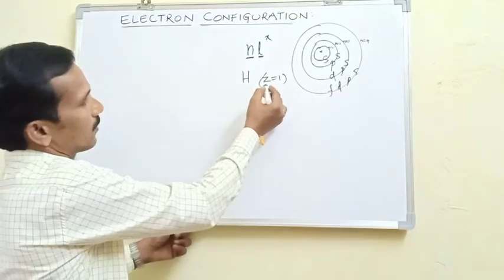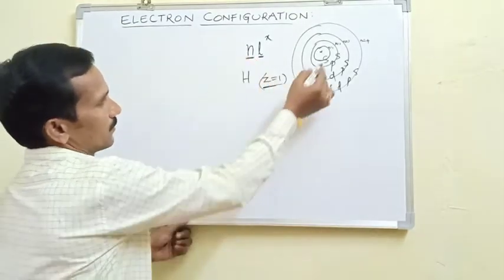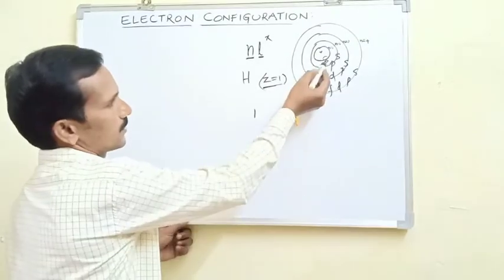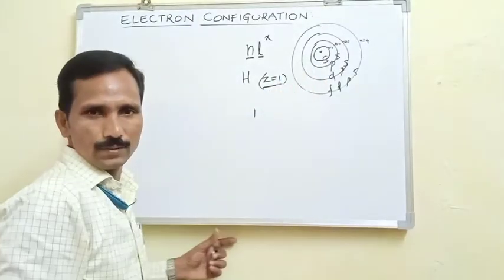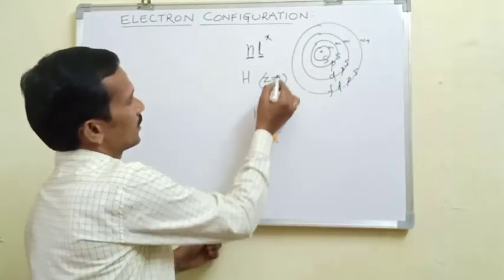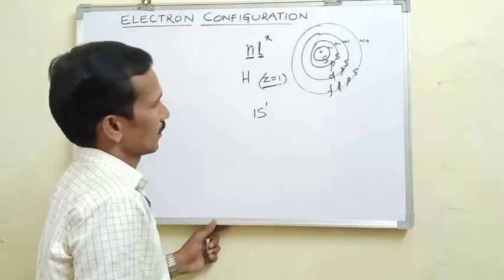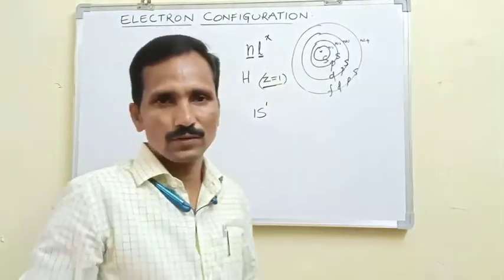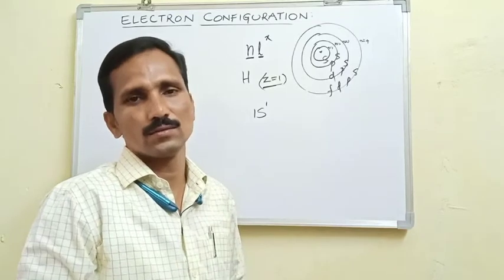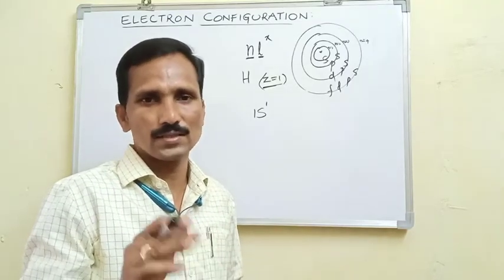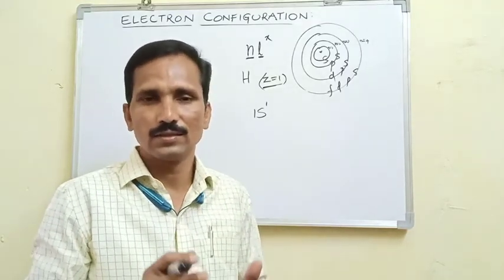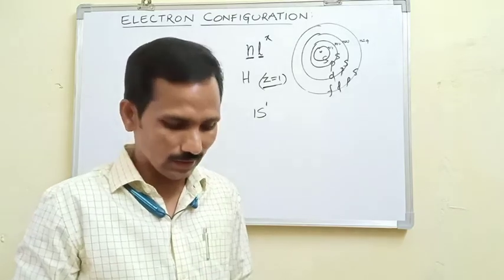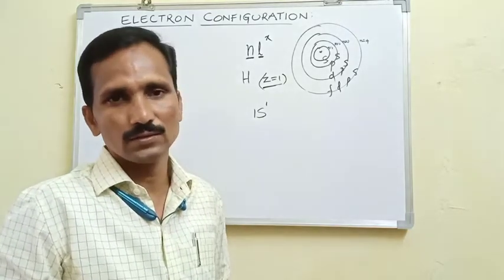So to write the configuration, in the first shell there is only one orbital, that is s. How many electrons does it have? 1. In s orbital we can fill 2 electrons, in p orbital 6 electrons, in d orbital 10, and in f orbital 14 electrons, that we learned earlier.